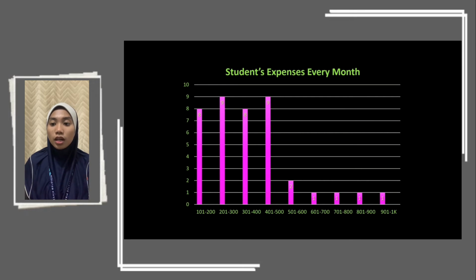Next, 401 until 500 is 9 students. 501 until 600 ringgit is 2 persons only. 601 until 700 is 1 person only. 701 until 800 is 1 person. 801 until 900 is 1 person.